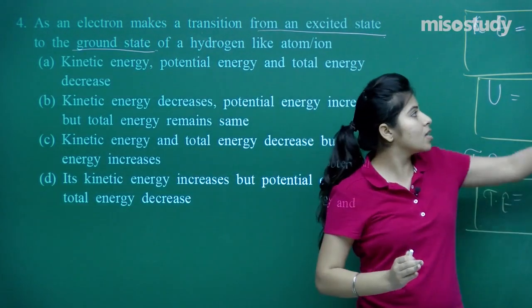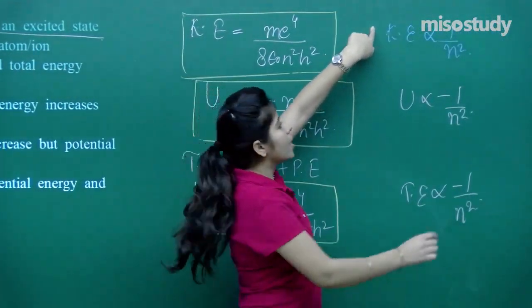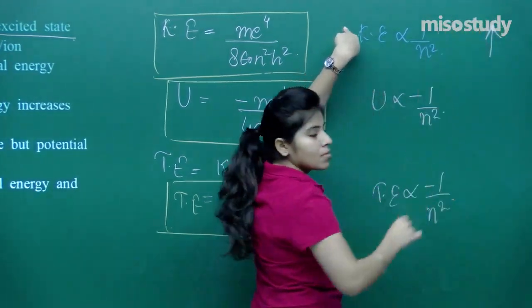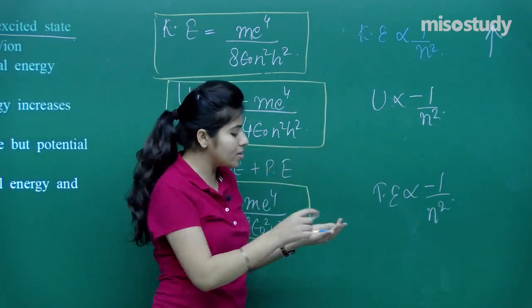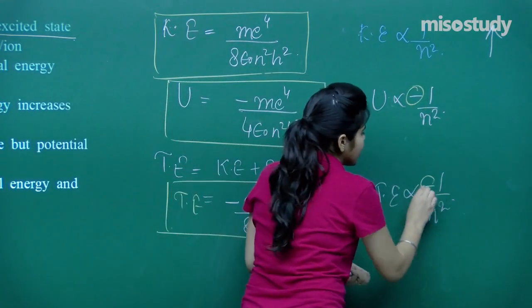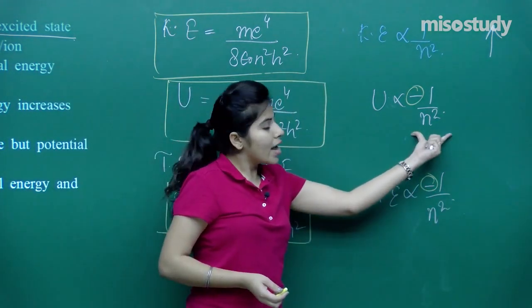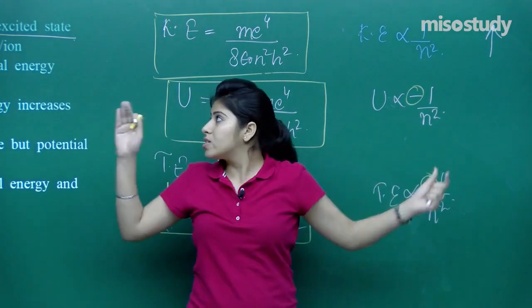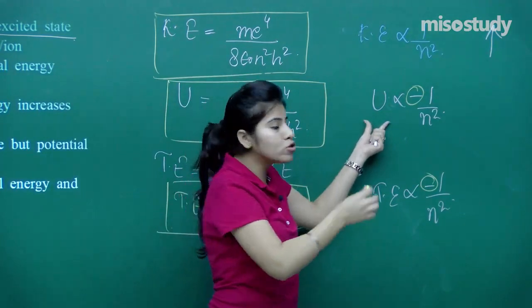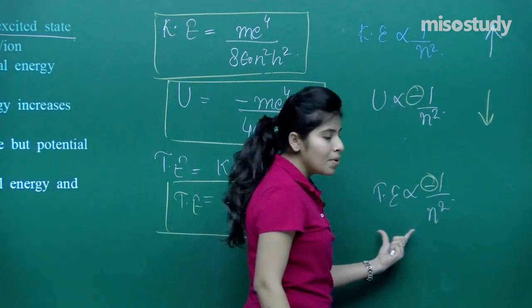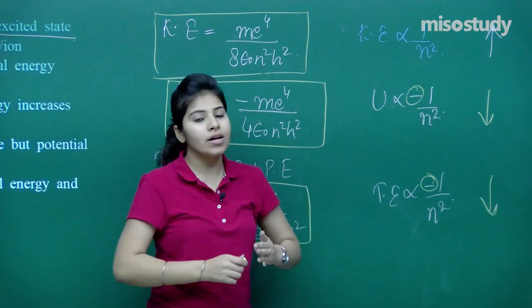So if n is decreasing, what should be happening? Your kinetic energy should be increasing. Here, you can see one minus sign is there and similarly one minus sign is there. So if n is decreasing, excited to ground, n is decreasing, so the potential energy should also be decreasing. Similarly here, again your total energy will be decreasing.